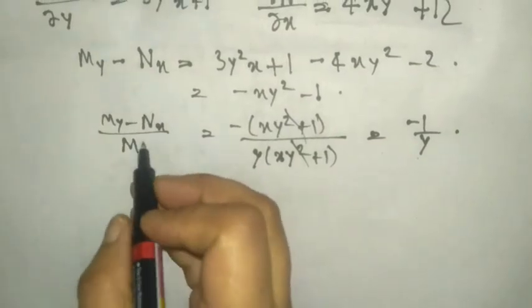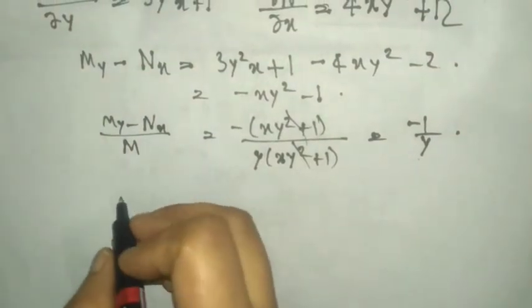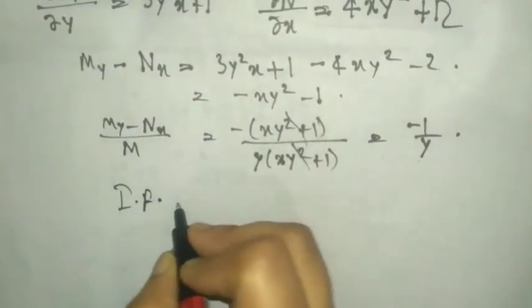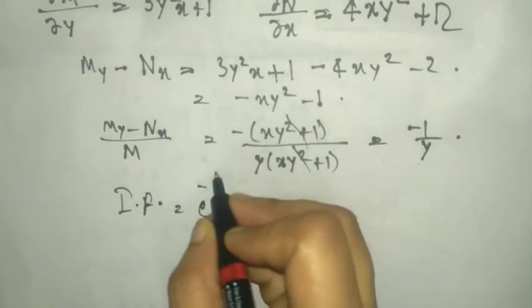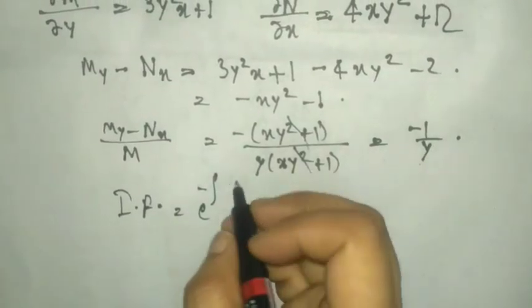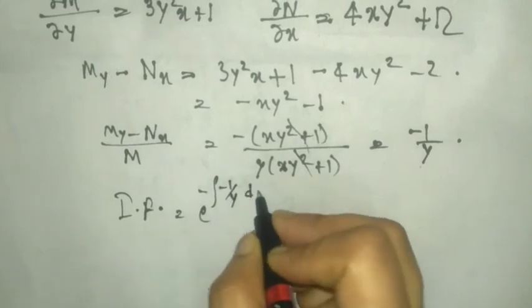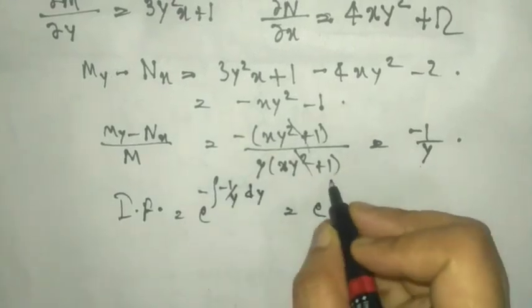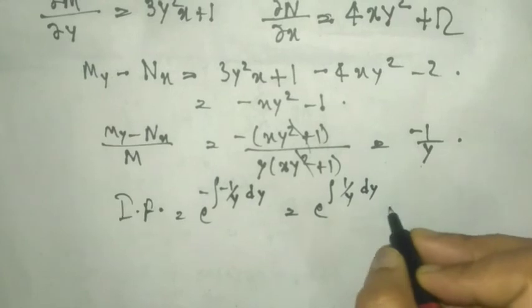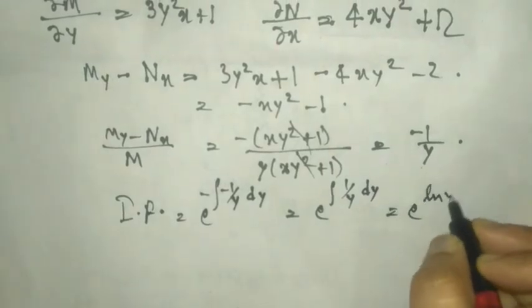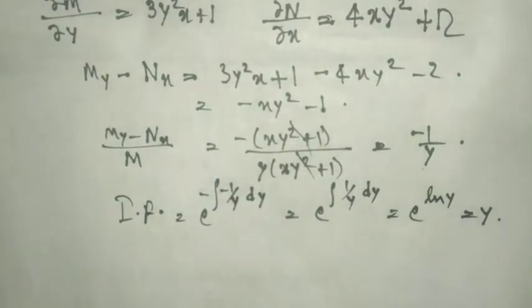So whenever M is divided in the denominator, that time the integrating factor is e to the power minus f of y, that is minus 1 by y dy, which is equal to e to the power integration 1 by y dy, which is equal to e to the power ln y, which is equal to y.